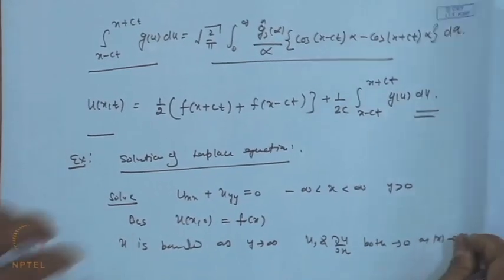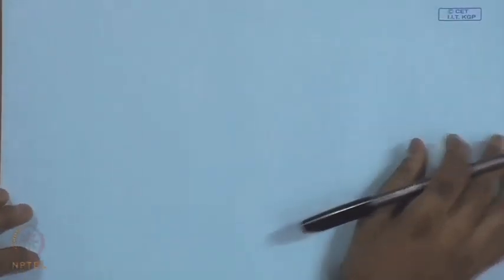So, we take the Fourier transform on both sides, and we get this transformed ordinary differential equation.